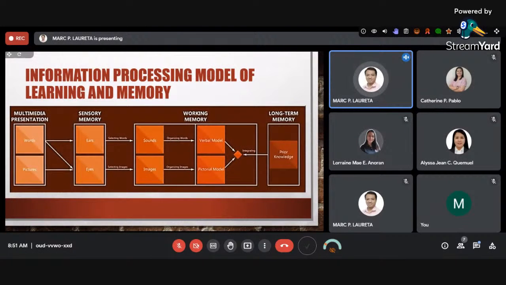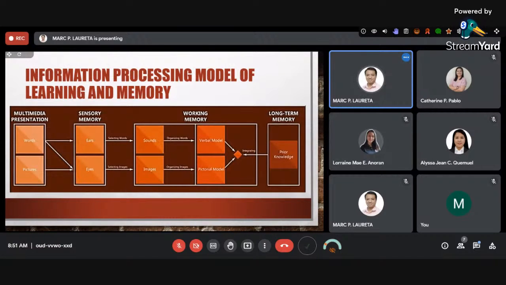It will collect that information through our ears, through our eyes, or the different senses that we are using when it comes to collecting information. Then that information enters our working memory, which can only hold it for a short period of time.